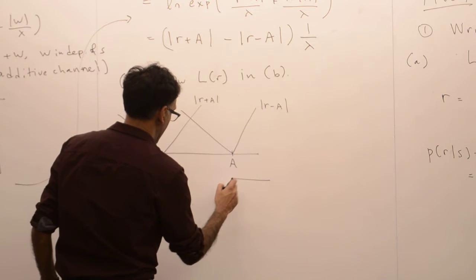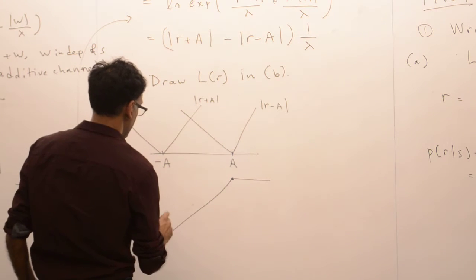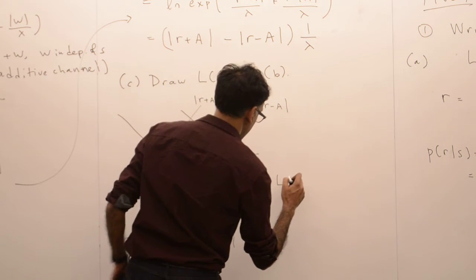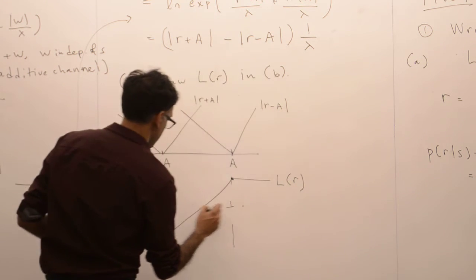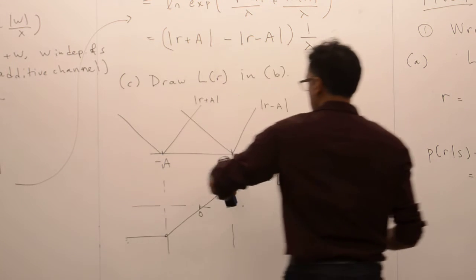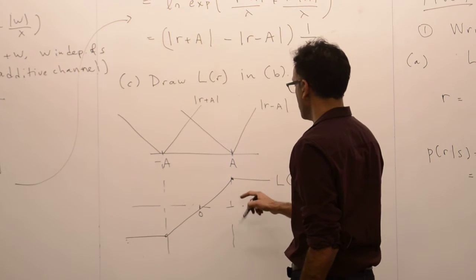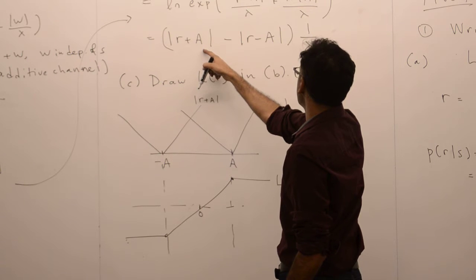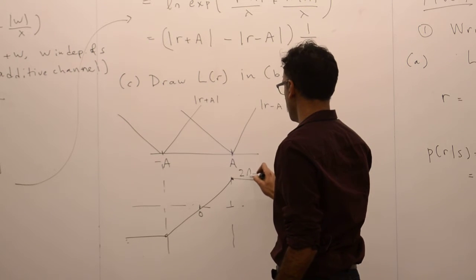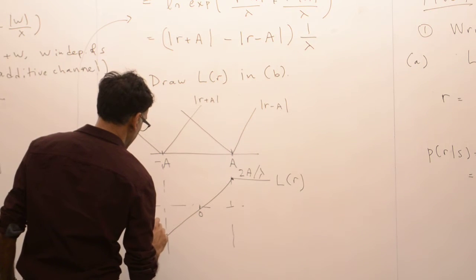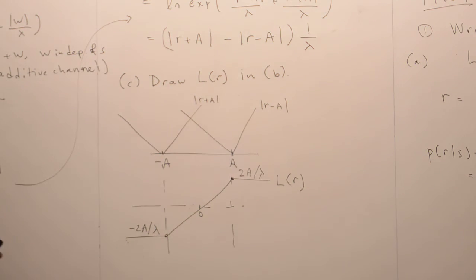When I subtract, it has to be piecewise linear. It'll cross at 0. At R equal to A, I'll have 2A over lambda, and here I'll have minus 2A over lambda. So it kind of looks like the log likelihood function for the Gaussian case in this regime.